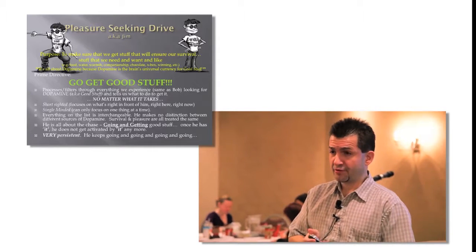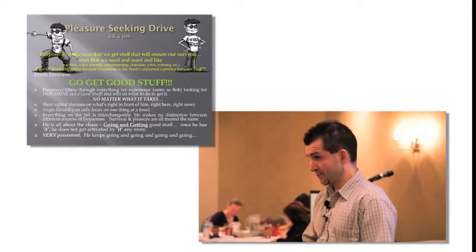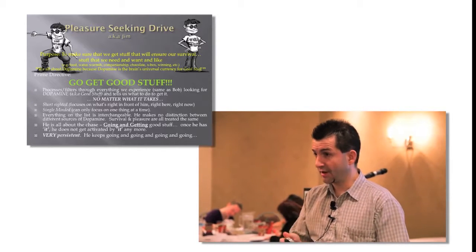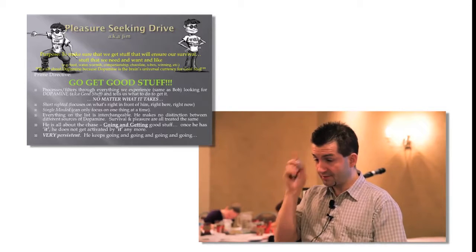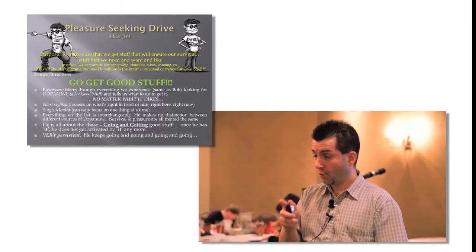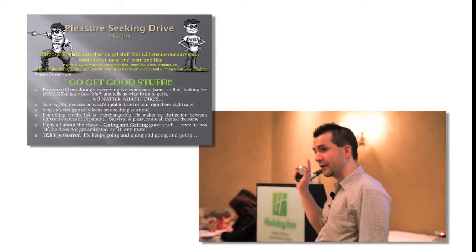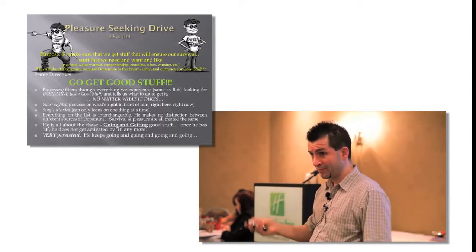Third thing to understand about Jim is he is very single-minded. He locks onto a source of dopamine like a little homing missile, and he stays locked onto that source of dopamine until he gets it. Or until a better source of dopamine comes along, in which case he shifts focus and could care less about that one now, and he's over here now.